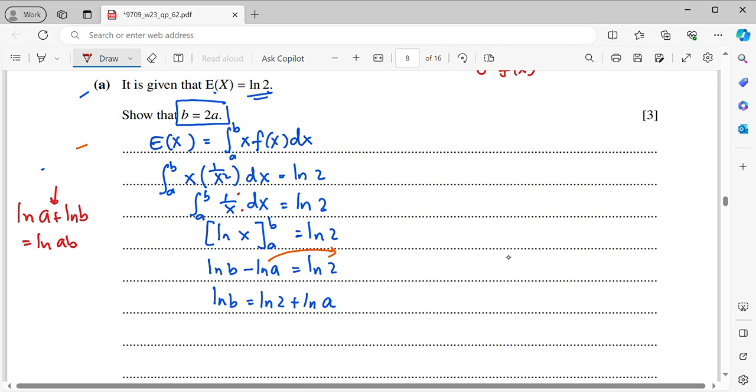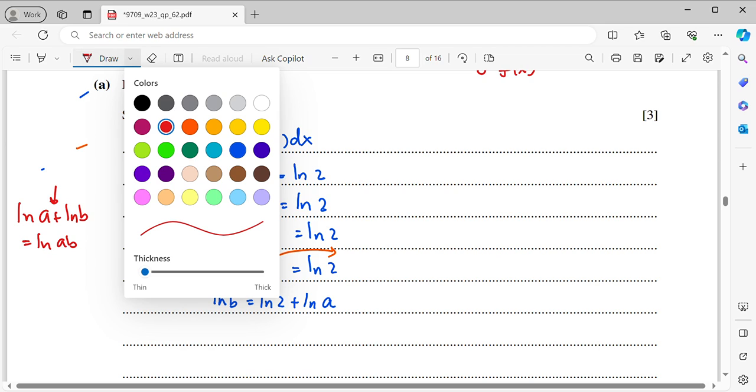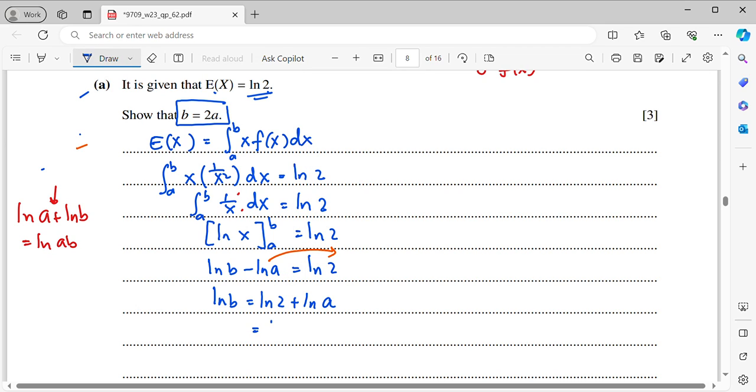When it is plus, you combine both ln into one ln by multiplying the numbers. Therefore, here I'm getting ln 2a, and then left side is ln b. Since you have one ln on both sides, the ln will be cancelled off. So at last, your b is 2a. So with this, we have shown the equation.